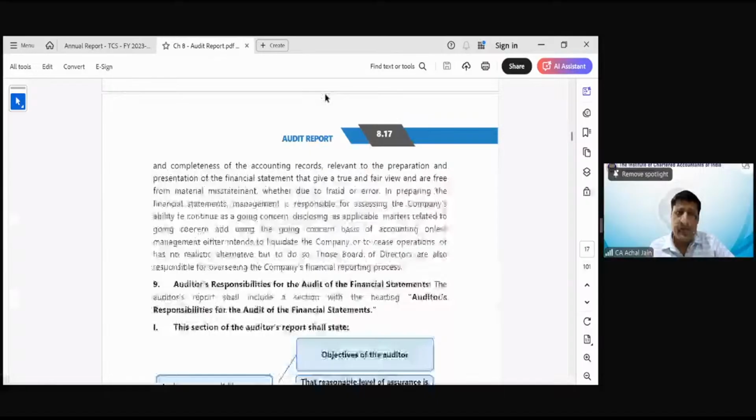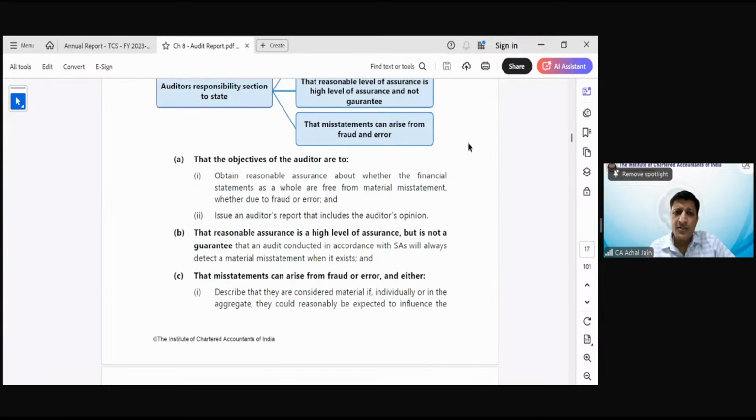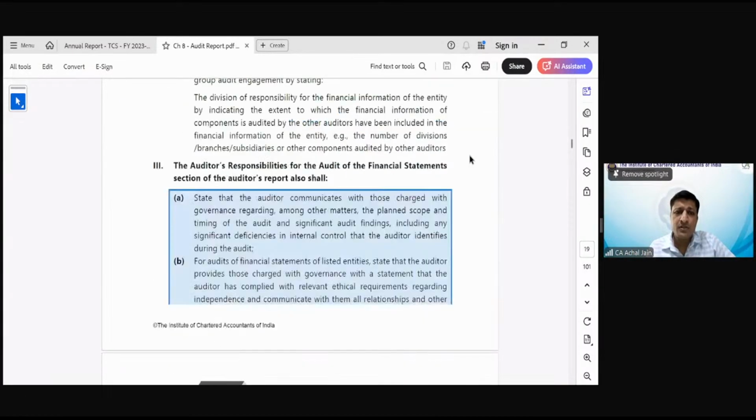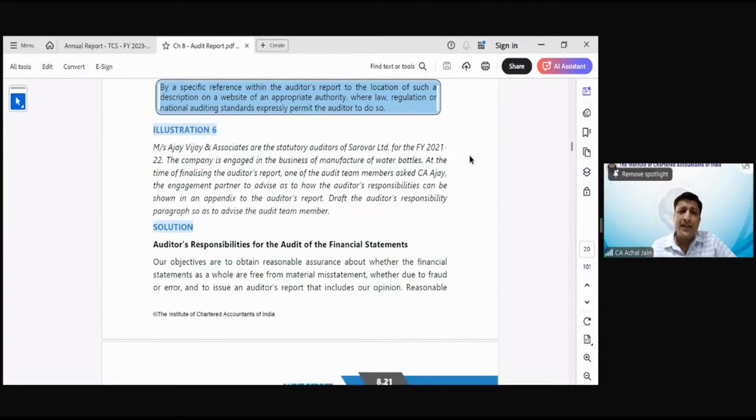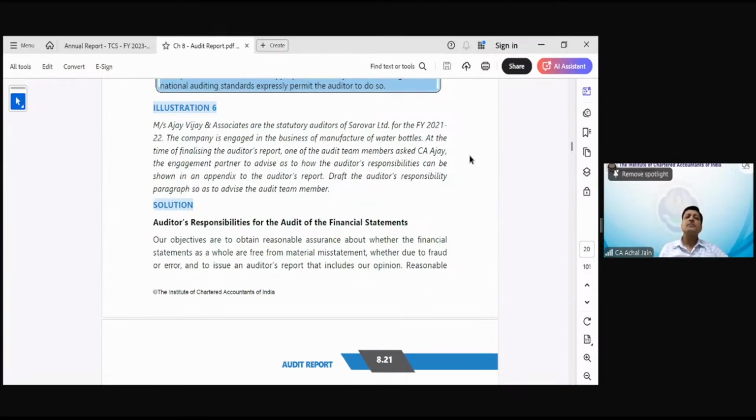Okay, so now let's look at one question which is again linked to this. Messrs. Ajay, Vijay and Associates are statutory auditors of Sarovar Limited for financial year 21-22. Company is engaged in the business of manufacturing of water bottles.